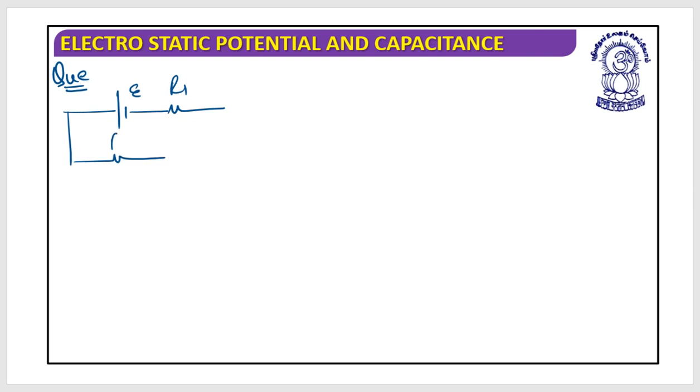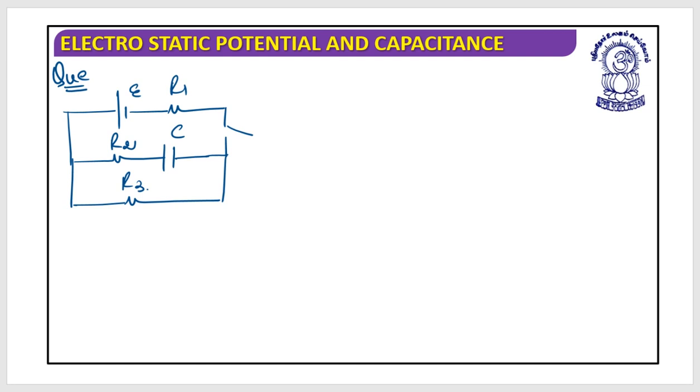Another resistance, it is R2, and the capacitor is there. And here we have connected a switch. This is the capacitor, and one more resistance is there, which is R3.